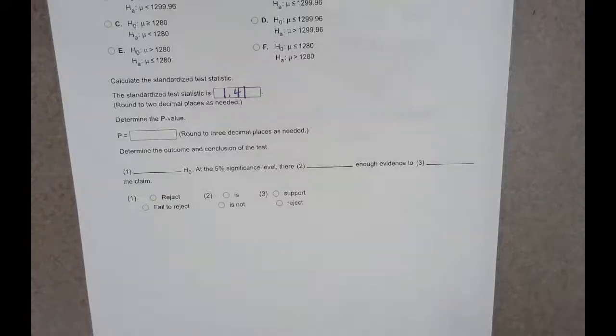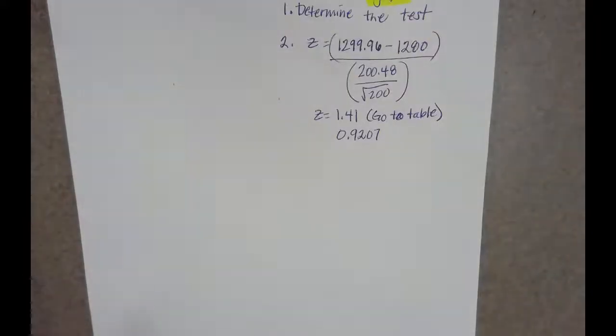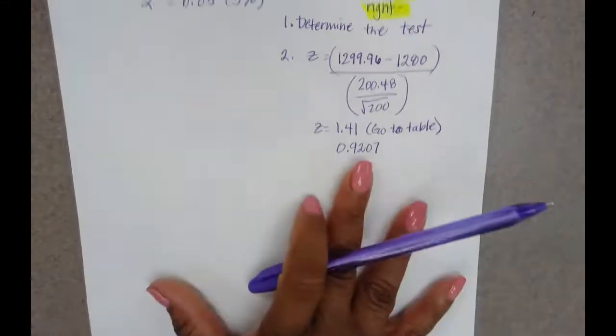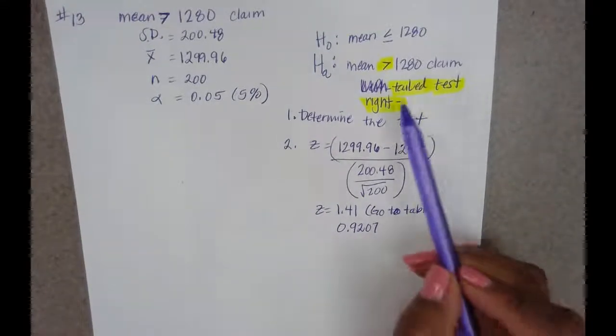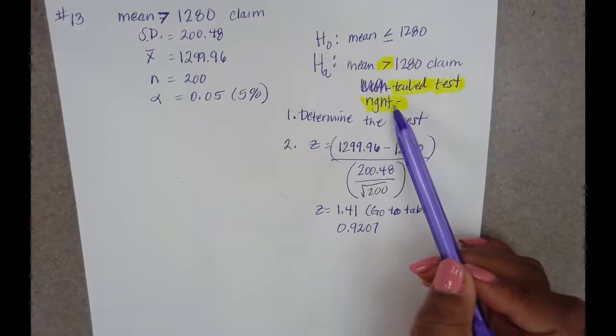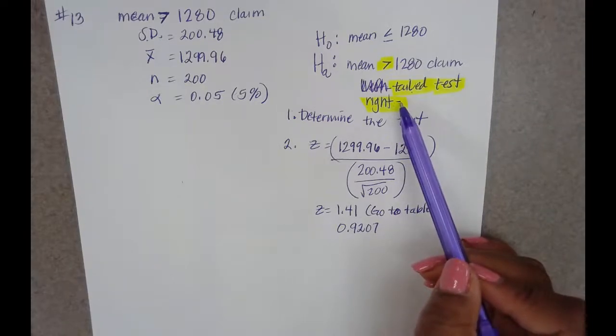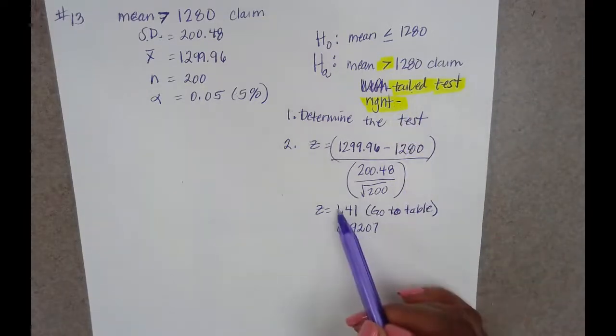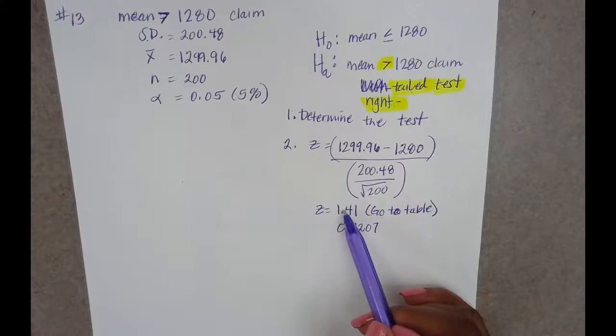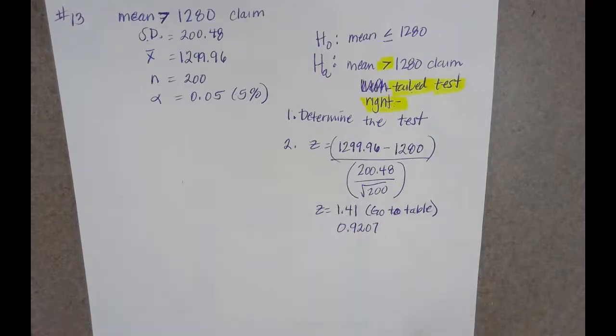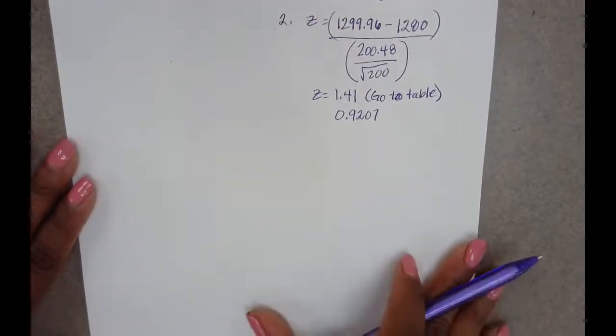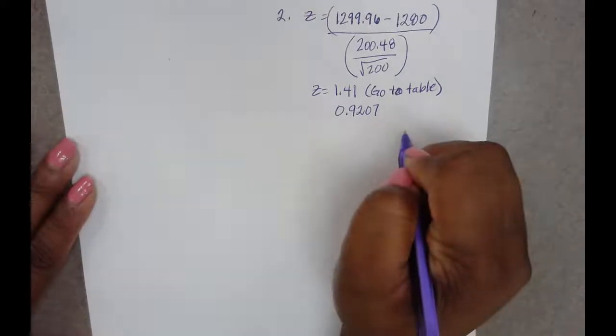That makes us have to think about our type of test. We know in a right-tailed test that the p-value lives on the right side of this z value. So if it's on the right side, then I have to do some subtraction.